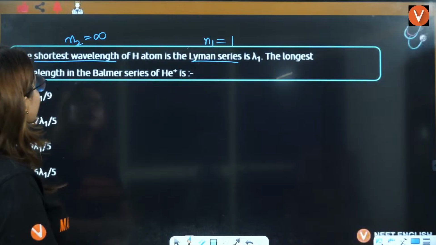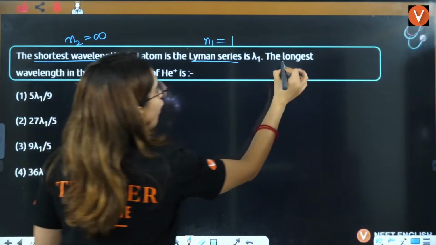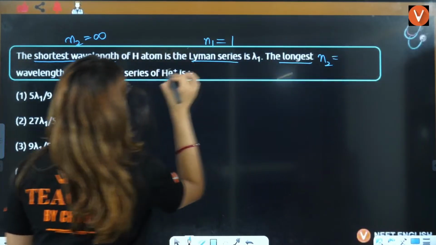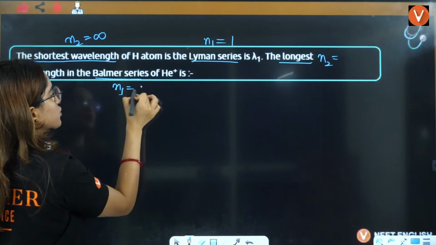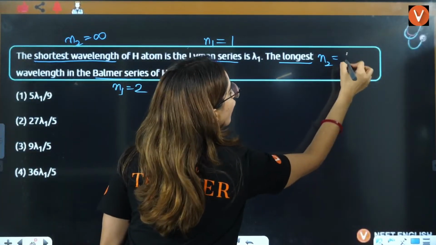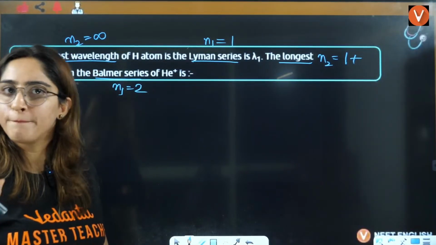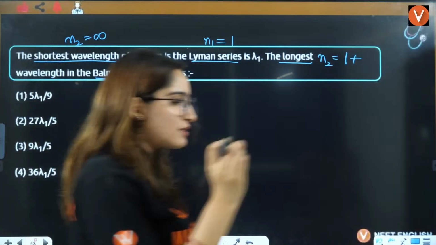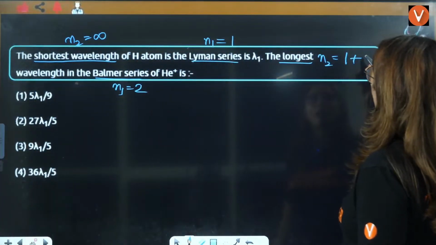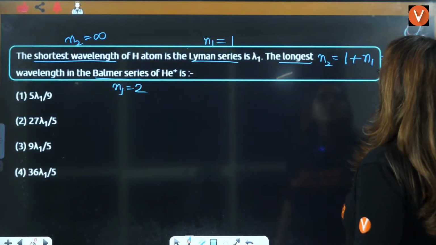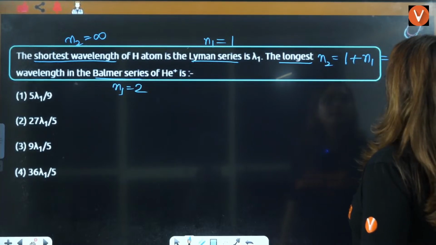The longest wavelength, Balmer series, N1 is equal to 2. See, longest means energy has to be minimum, right? Minimum energy is in the first line, that is N2 is equal to 1 plus N1, that is 1 plus 2, that is 3.